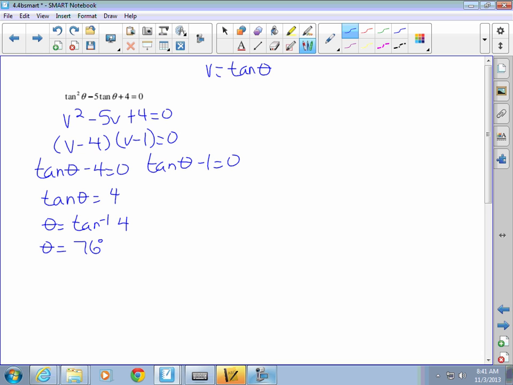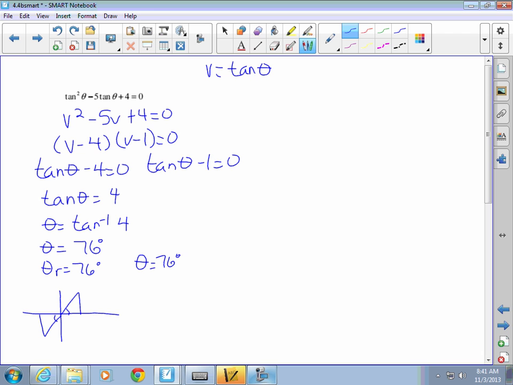This is the same as my reference angle. This was a positive 4, so I have to think: tangent is positive in quadrant 1, and it's also positive in quadrant 3. So these are my reference angles. My first angle would be 76 degrees.